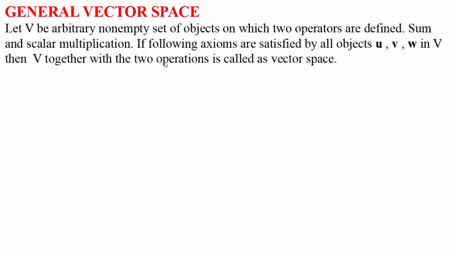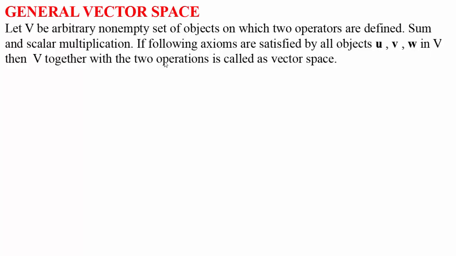Now we define general vector space. Let V be an arbitrary non-empty set of objects on which two operations are defined: sum and scalar multiplication. These are the two operations.